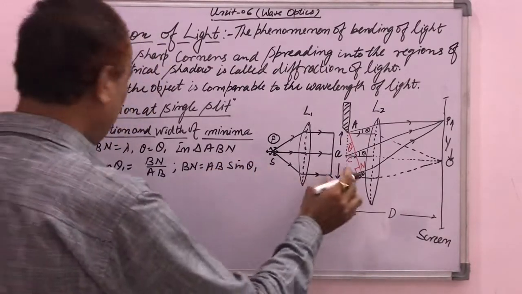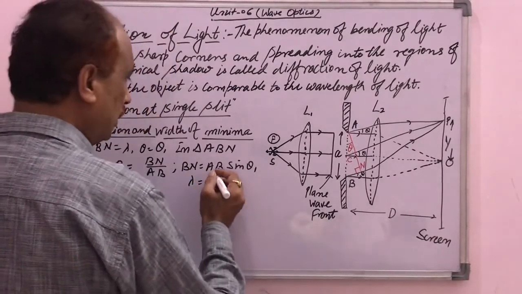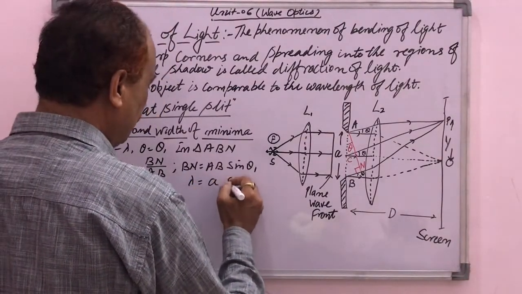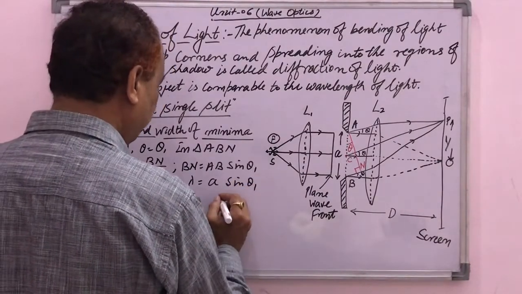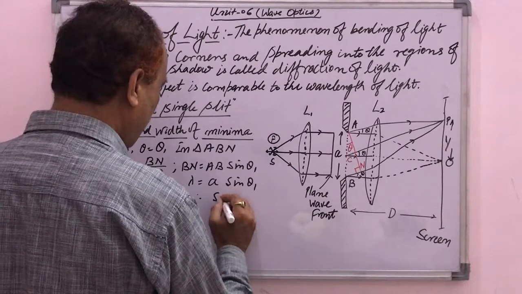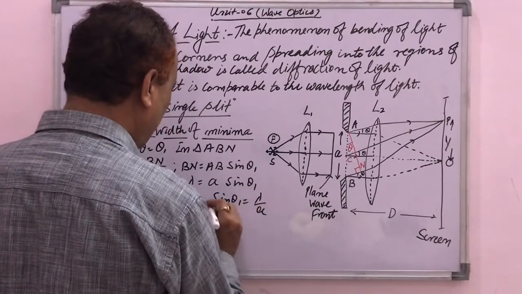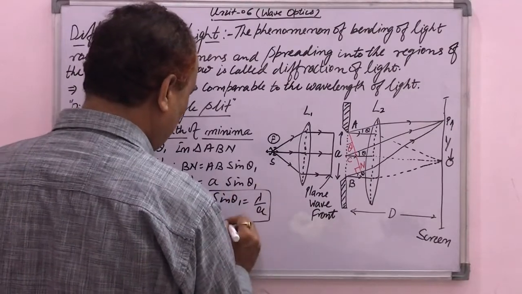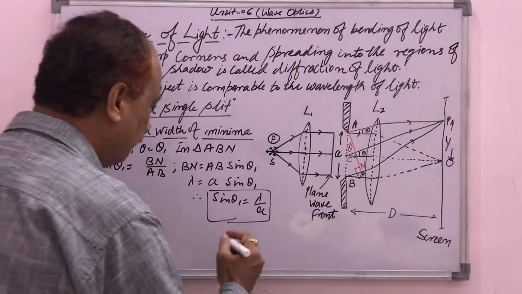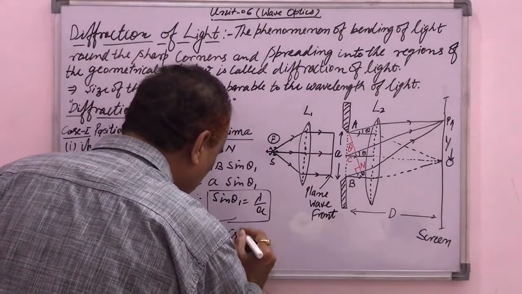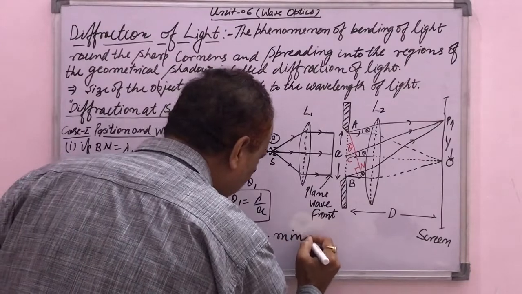BN here is lambda in the first situation, and AB is the width A, so lambda equals A sine theta 1. Therefore sine theta 1 equals lambda upon A. This is the condition for the first secondary minima.